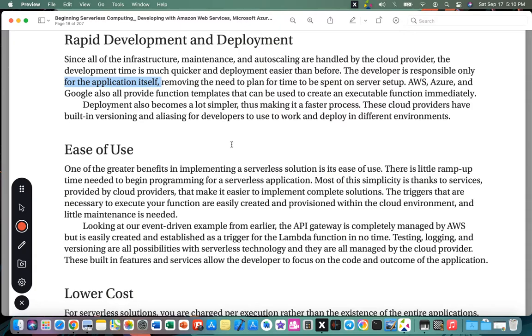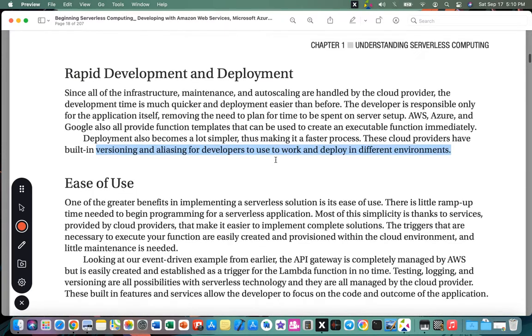AWS and Google also provide function templates that can be used to create executable functions immediately. Deployment also becomes a lot simpler, thus making it a faster process. These cloud providers have built-in versioning and aliasing for developers to use to work and deploy in different environments.